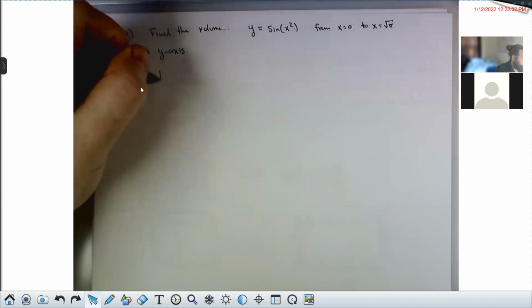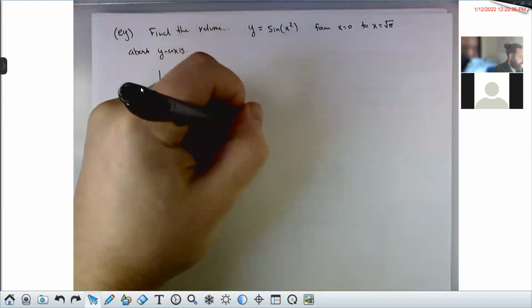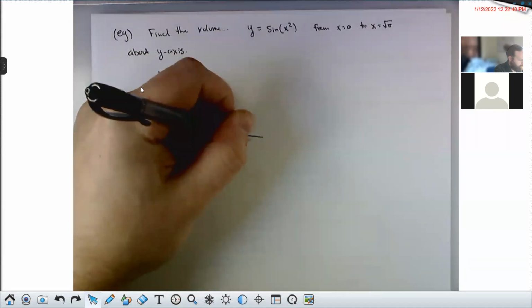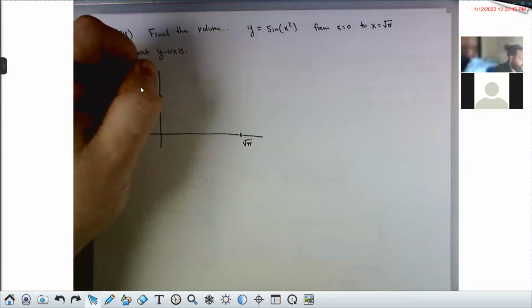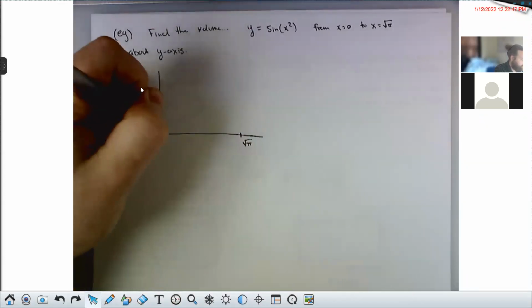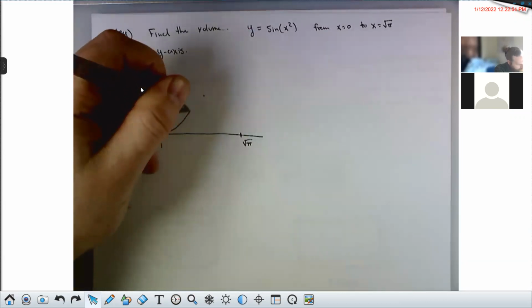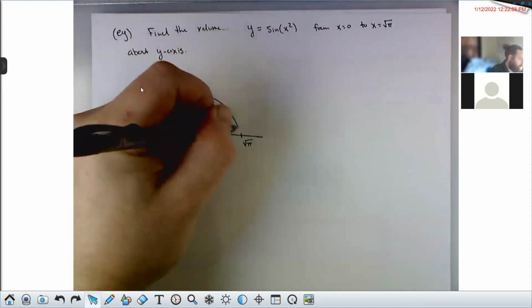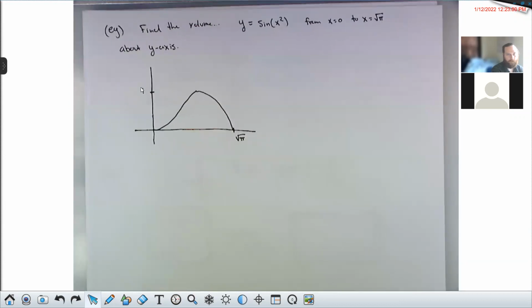So let's draw our region. Again, I'm only interested in what's going on from 0 to the square root of pi. I'll mark this as 1. So there's this curve from 0 to root pi.